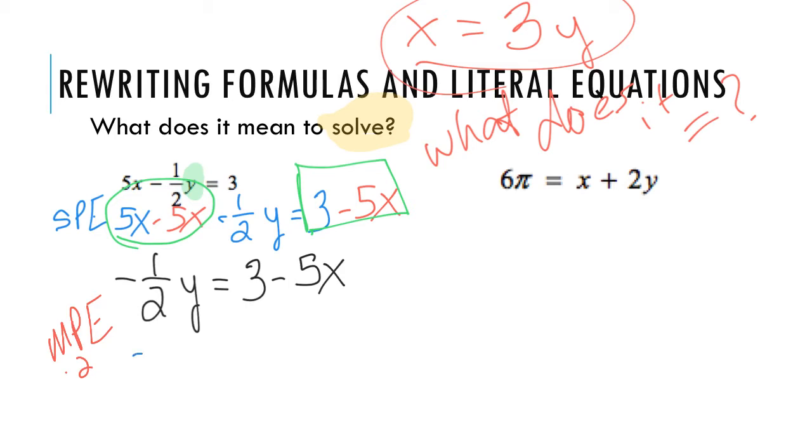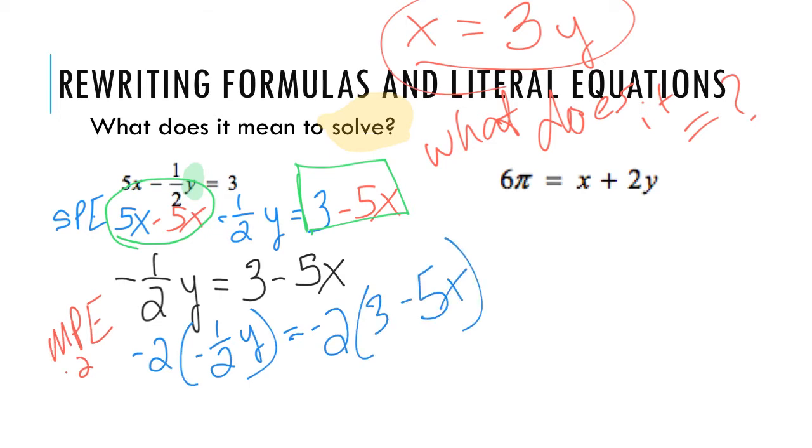So I have negative 2 times negative 1/2 y equals negative 2 times 3 minus 5x.